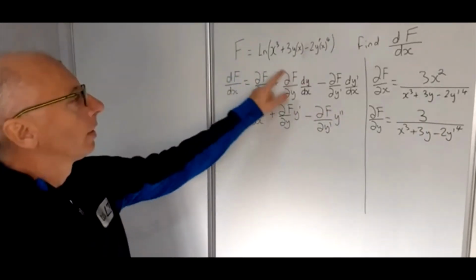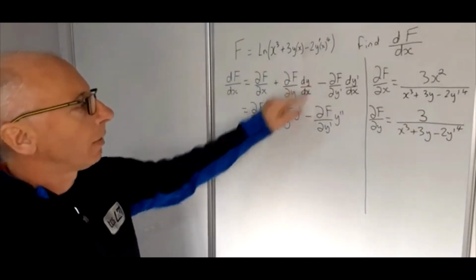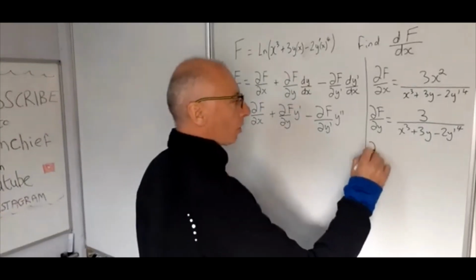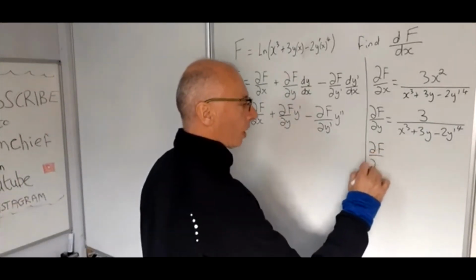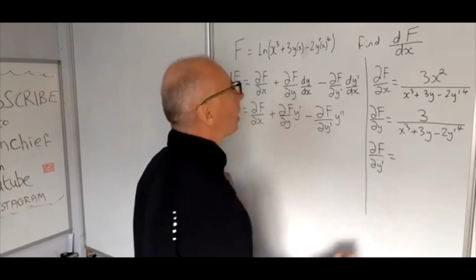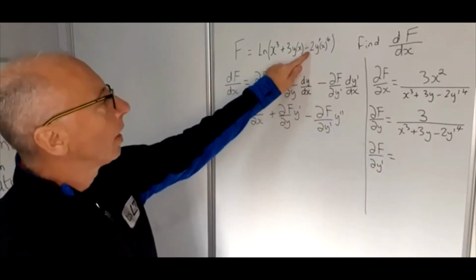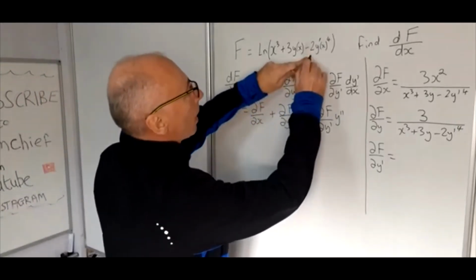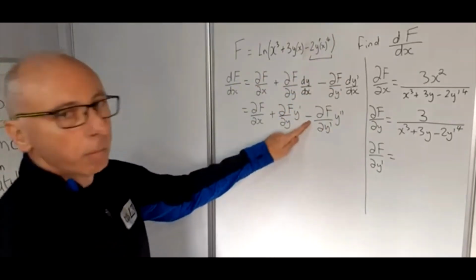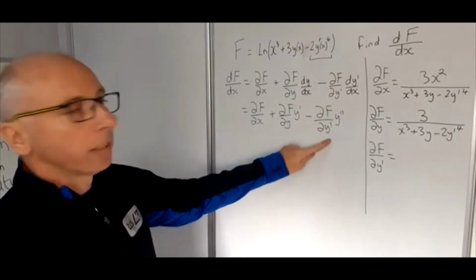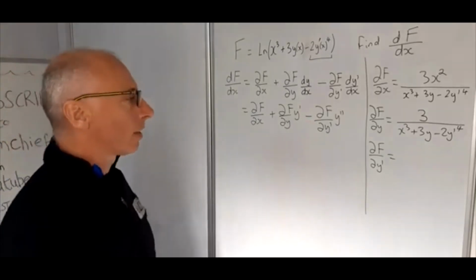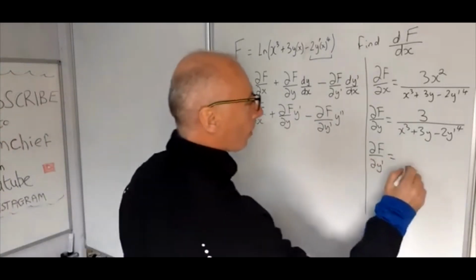Okay, so now the 2y prime to the power of 4. Partial of f with regards to y prime. I'm just not going to worry about this minus sign here. I just want to take the derivative of this bit, because when I plug it into the formula, I've got my minus sign here to take care of business as far as the minus sign is concerned. So I'm going to take the positive version here.